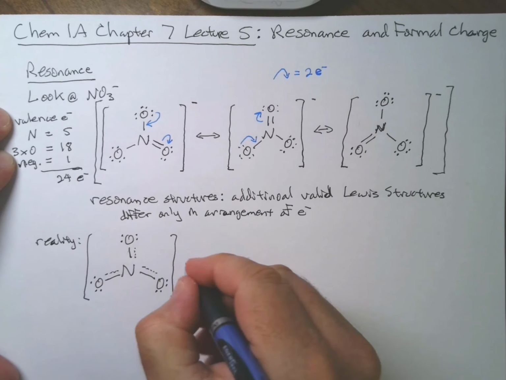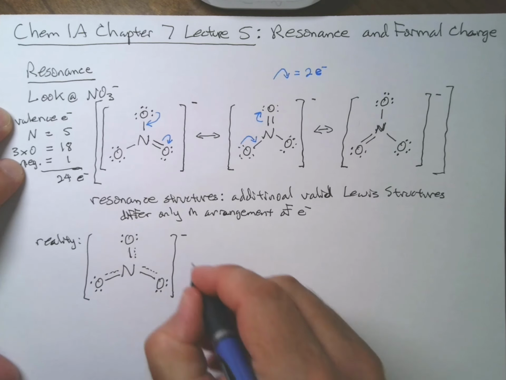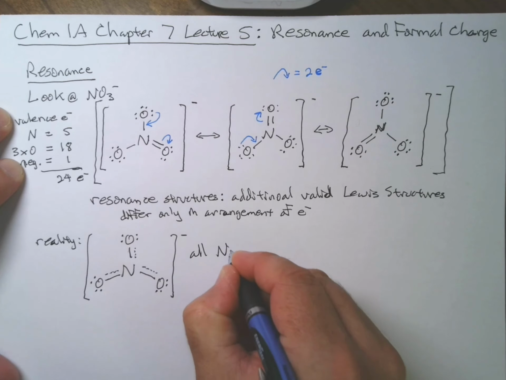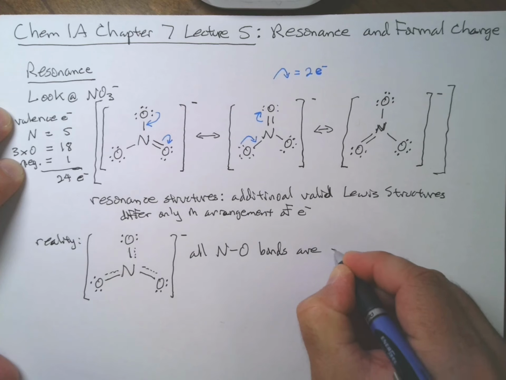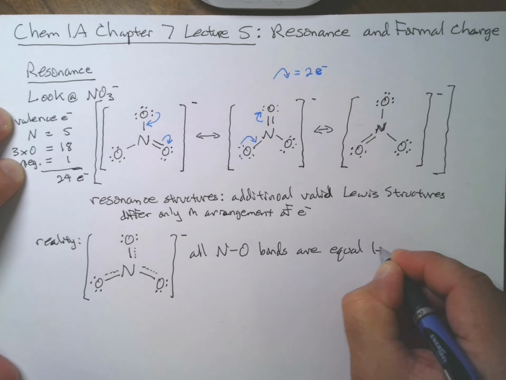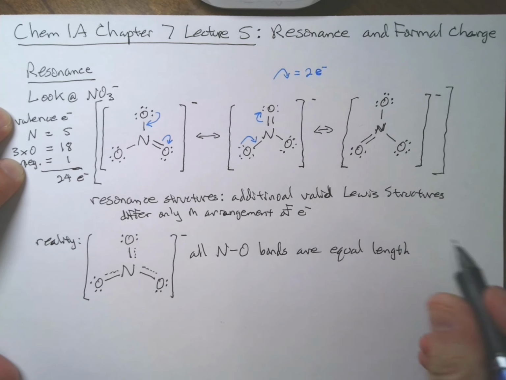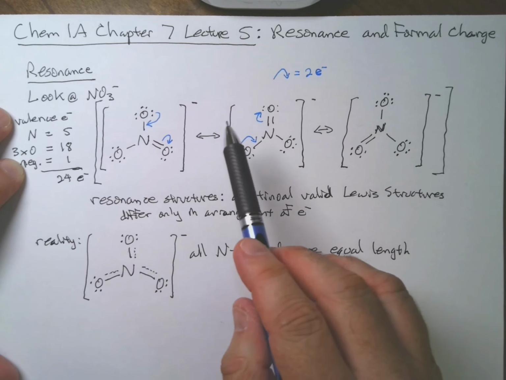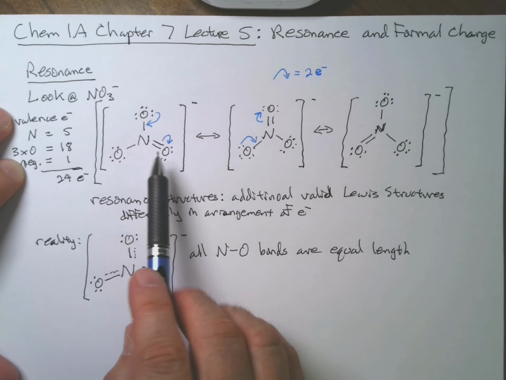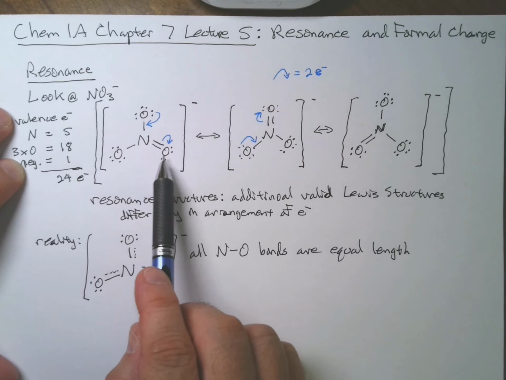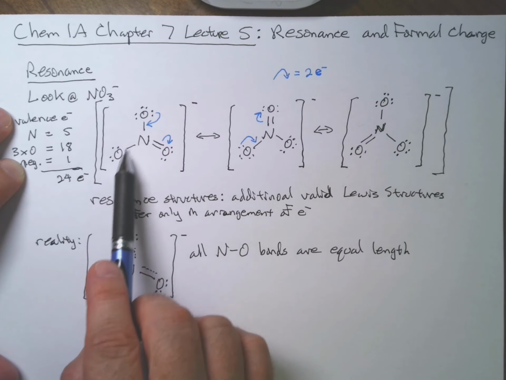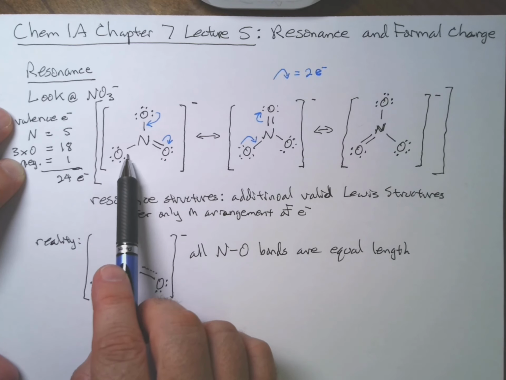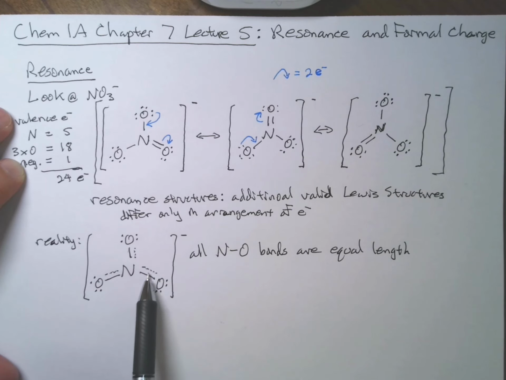So all of the NO bonds are equal length. Typically double bonds are shorter than single bonds because they are stronger. And so a double bond here, we'd expect that to be shorter and these guys to be longer single bonds. But in reality, all of the bonds are the same length.